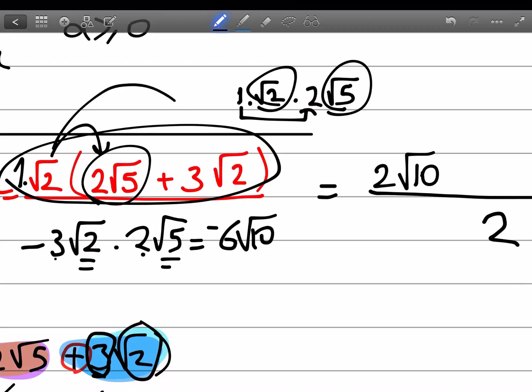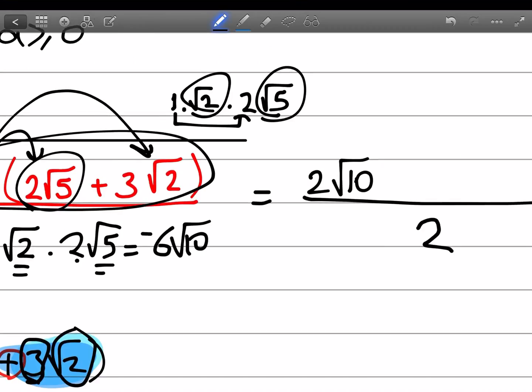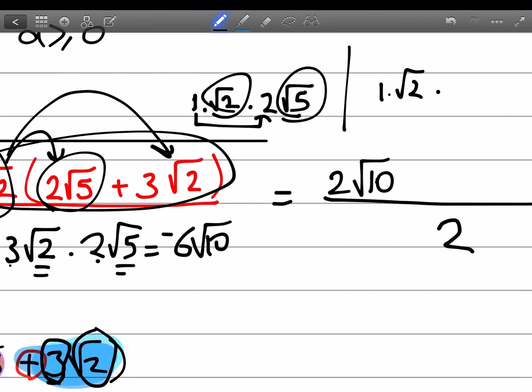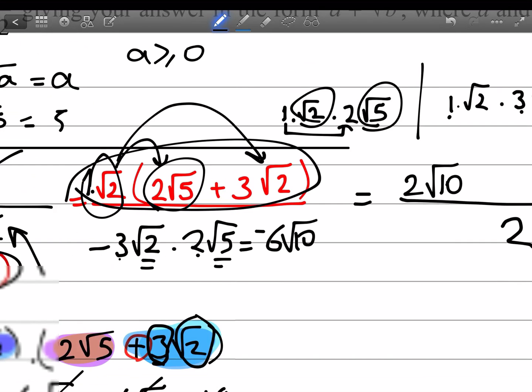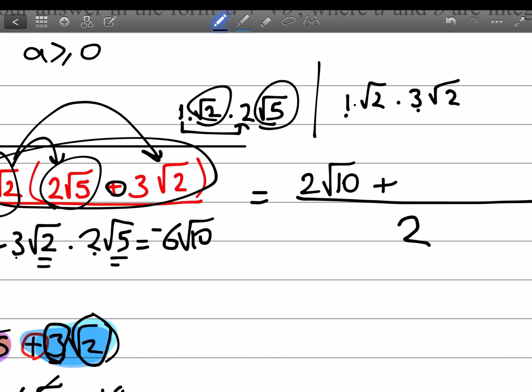And we multiply the first term with the second term. 1 times root 2 times 3 times root 2. We get 1 times 3 is 3, and the sign is positive, as you see. Positive 3 times root 2 times root 2, which gives us 2.